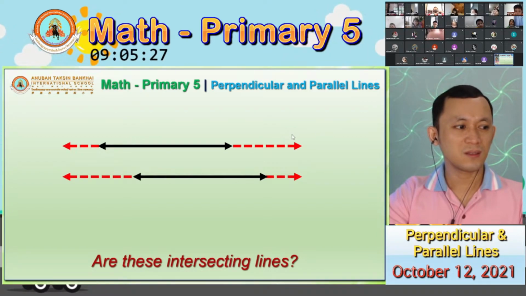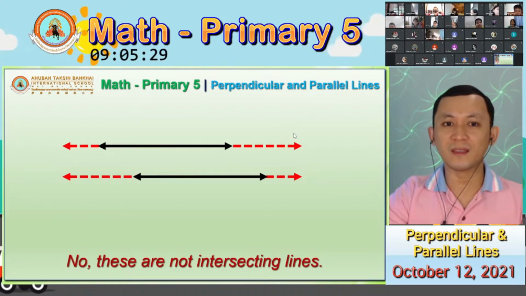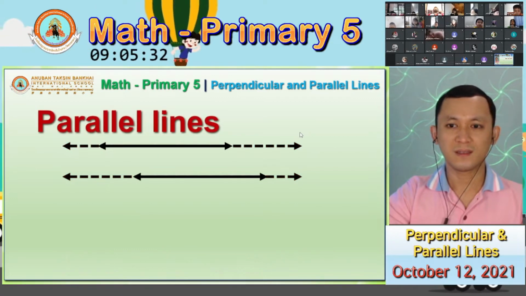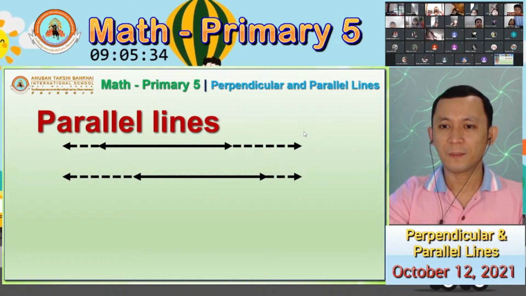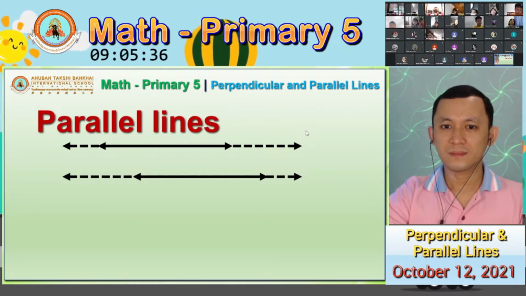So these are not intersecting lines. What do we call this?